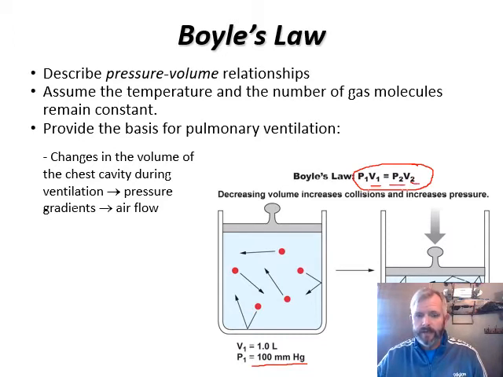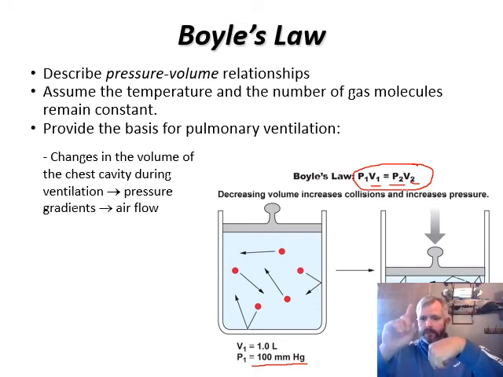They're inversely related. As volume goes up, pressure goes down. As volume goes down, pressure goes up. That is how we change the volume and in turn the pressure, allowing for inspiration or expiration.